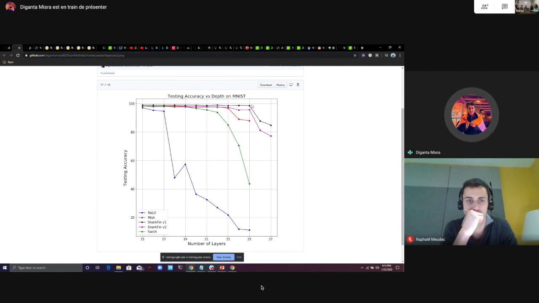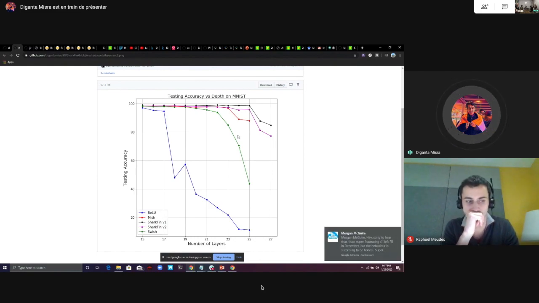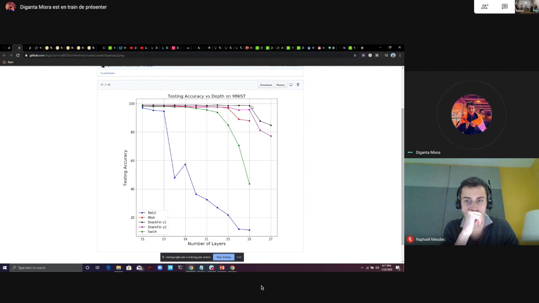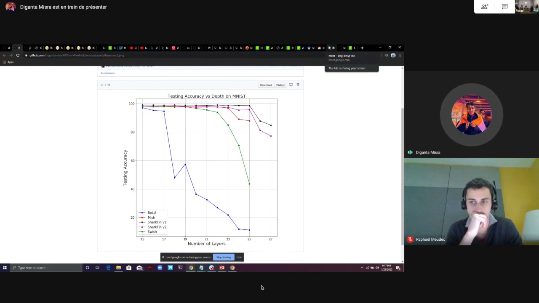But these are the two new variants that I've designed, which didn't even drop considerably until 27 layers. So they are actually much better as compared to Mish, and they're actually faster than Mish, much faster in fact. Unfortunately, I can't share the function as of right now because it's still under development. So this is just a sneak preview into what I'm working on currently.